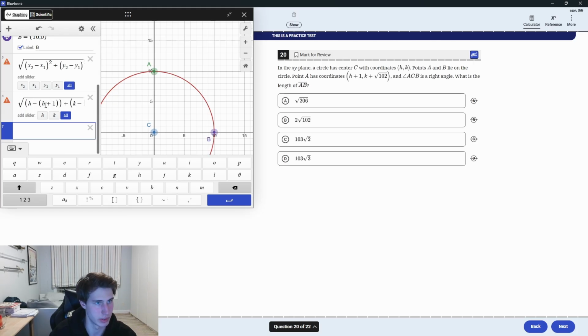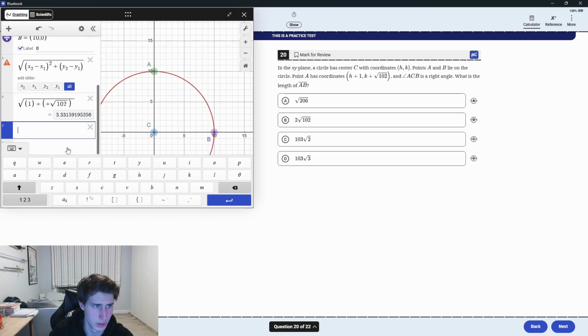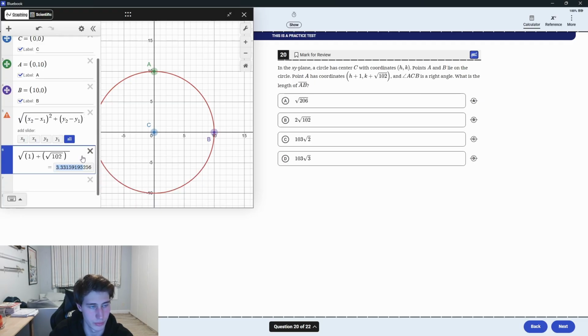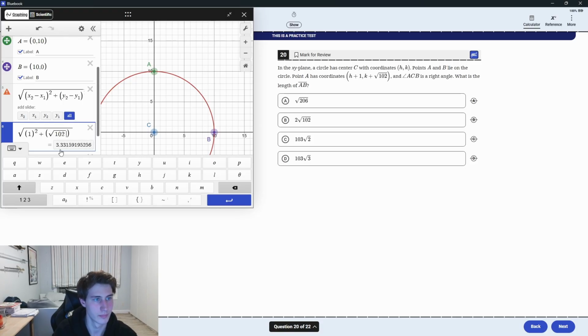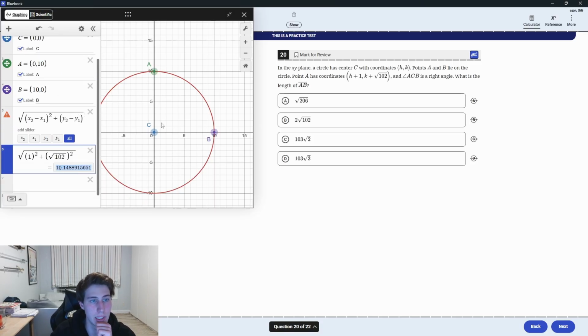Okay, so what's h minus h? h minus h is just 0, so we can get rid of this. So we get 1. Plus, and then what's k minus k? 0 again. So we can cancel this out. And we get this. So this is our length, if I'm not mistaken. We forgot the squared. Squared. So this is going to be our length between A and C.